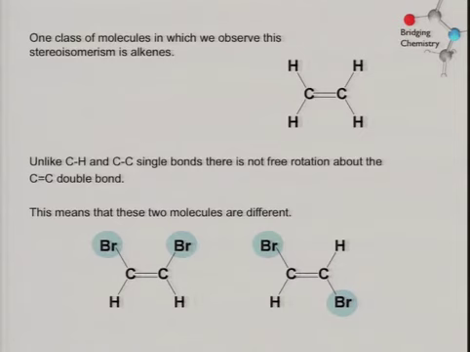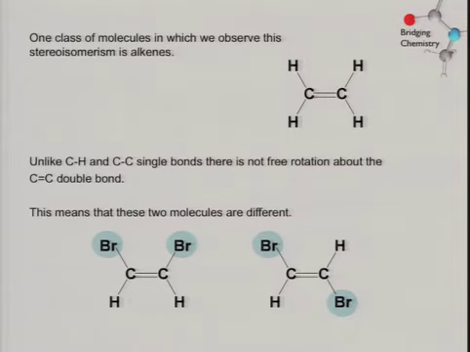So these two molecules have the same connectivity. All the same stuff is attached to all the same other stuff in these two molecules, but they're still different because you don't have this free rotation about this bond in the middle here.